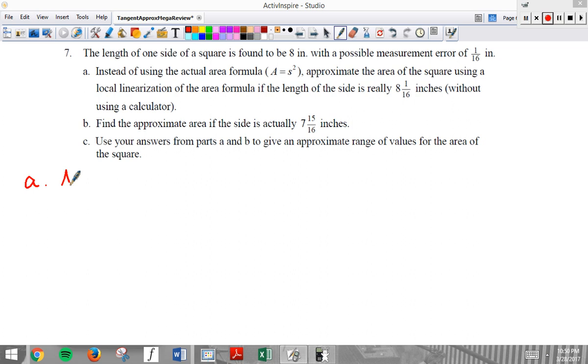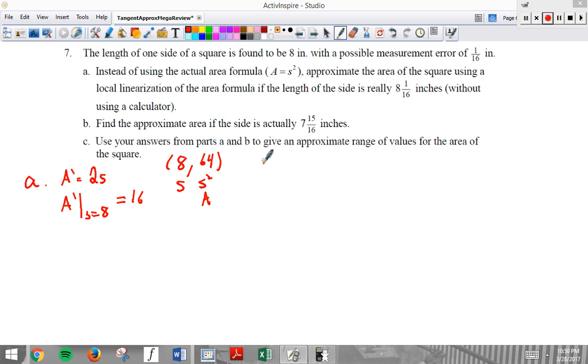So A prime equals 2s. So A prime when s equals 8 is 16. So now I need a point: 8 comma 64, since A is s squared.